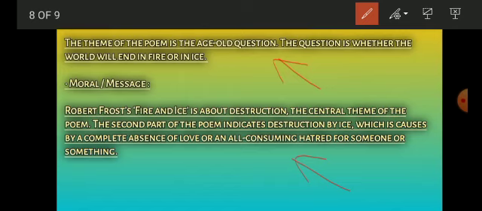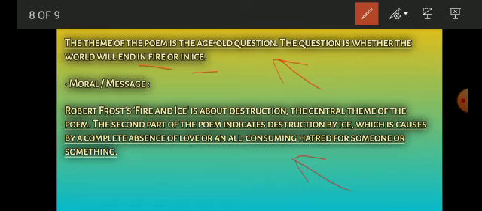It denotes what will be the cause for the earth's end, or what would destroy the earth. So here the poet mentions fire and ice. That is the theme of this poem.